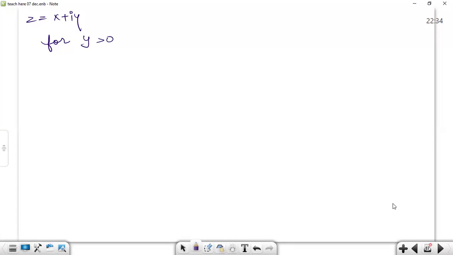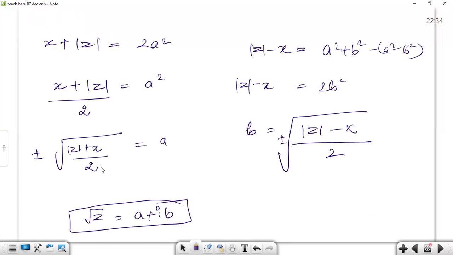So if y is positive, then the modulus of x squared plus y squared is definitely going to be positive.